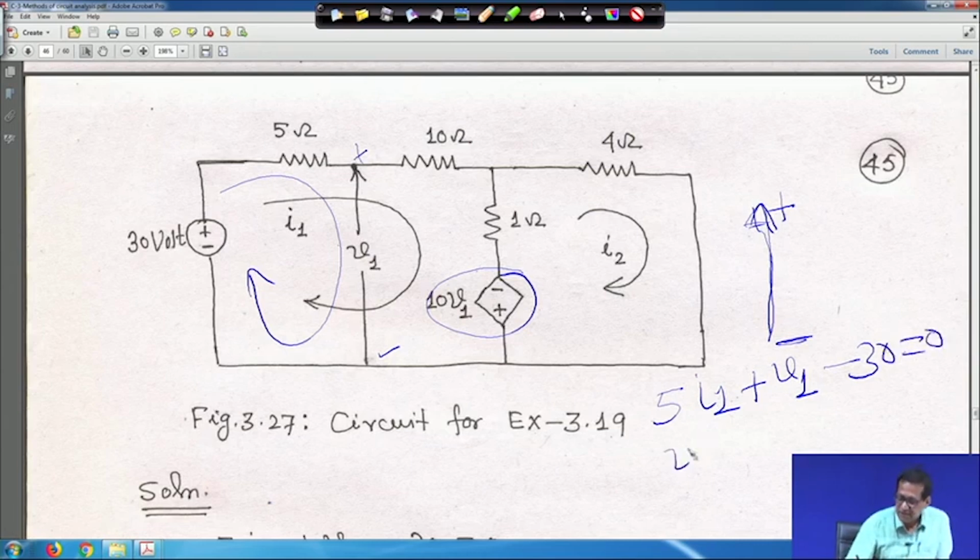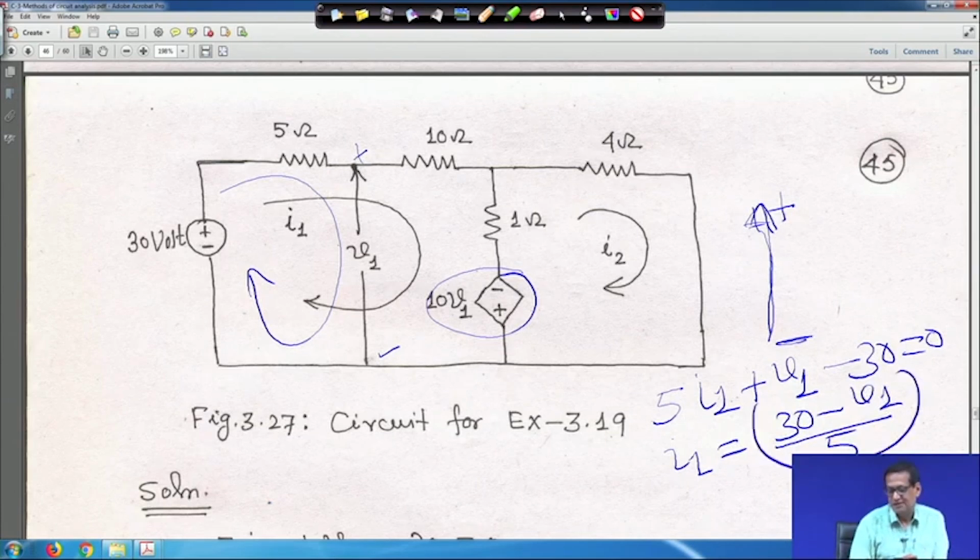That means my I1 will be equal to (30 minus V1) divided by 5, because we have to obtain I1 in terms of V1. Or in another way, V1 is equal to 30 minus 5 I1.